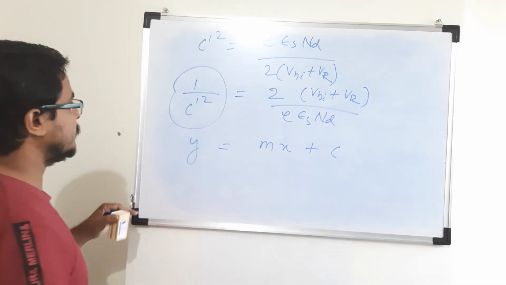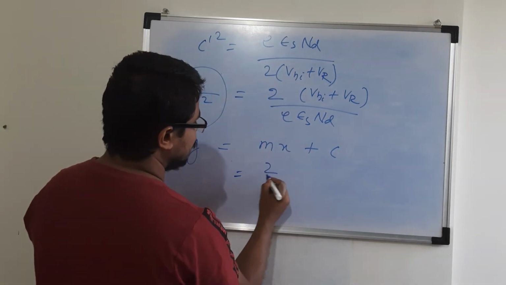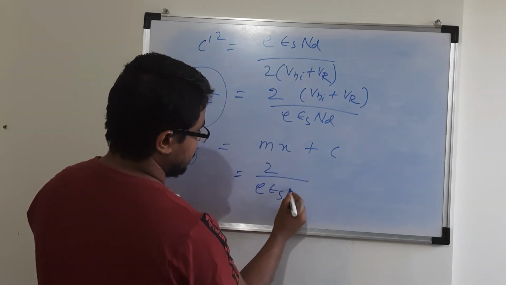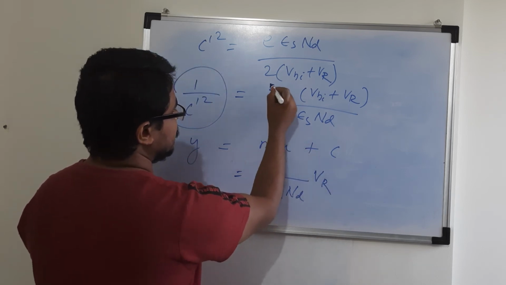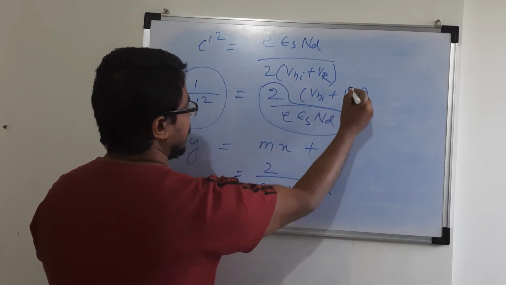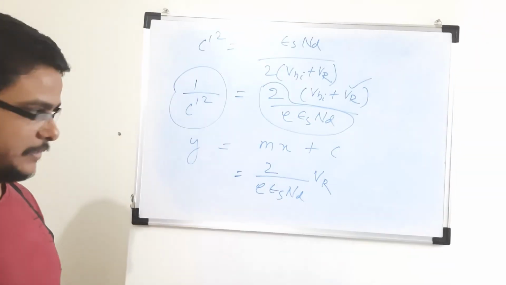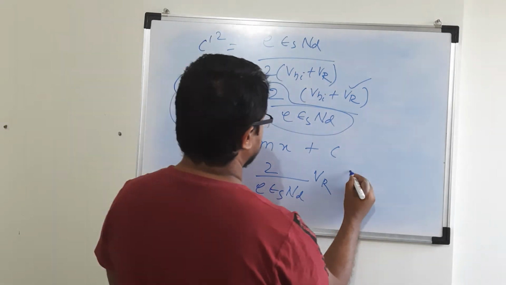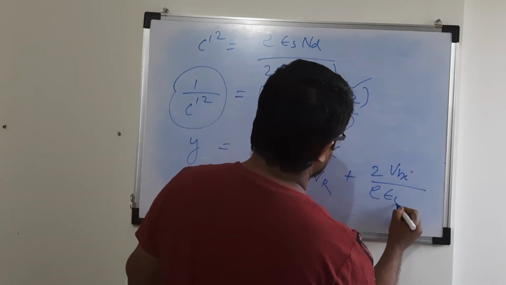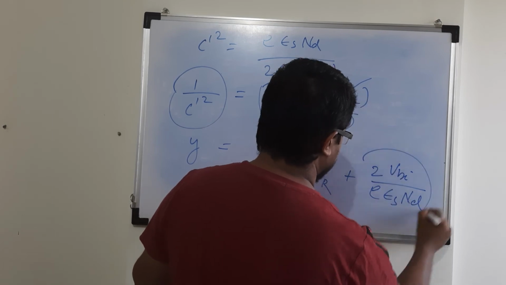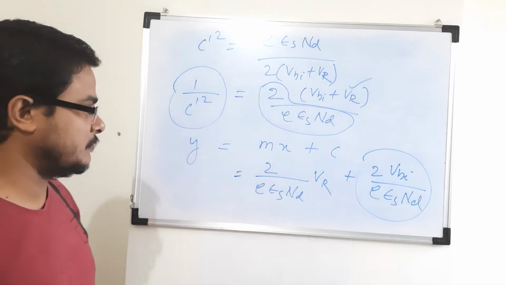Here y is 1/C'^2, m is nothing but 2 divided by e ε_s Nd, and the variable is Vr, the independent variable, plus you have 2Vbi divided by e ε_s Nd. This thing represents the constant, the y-intercept.